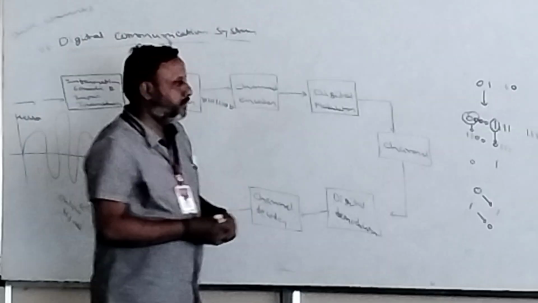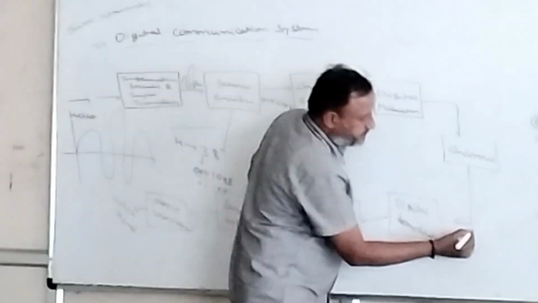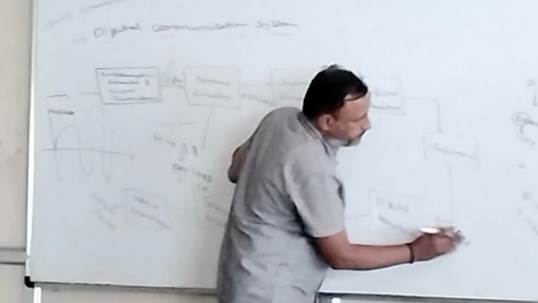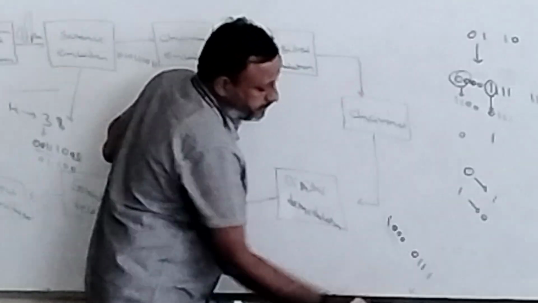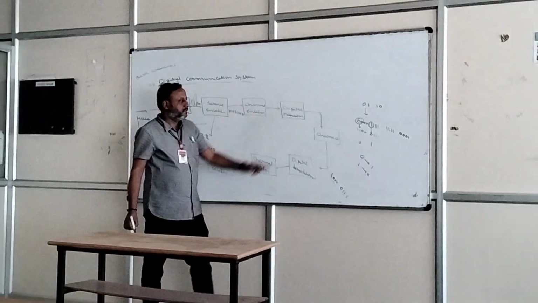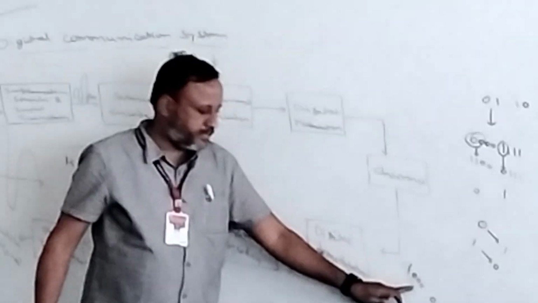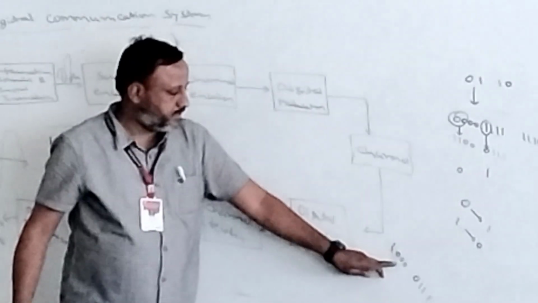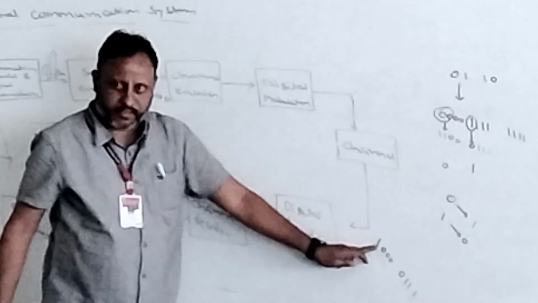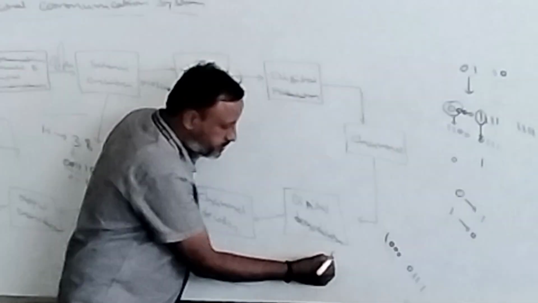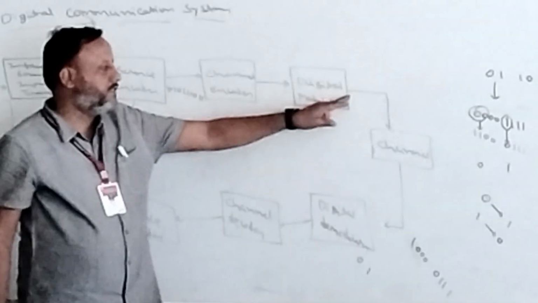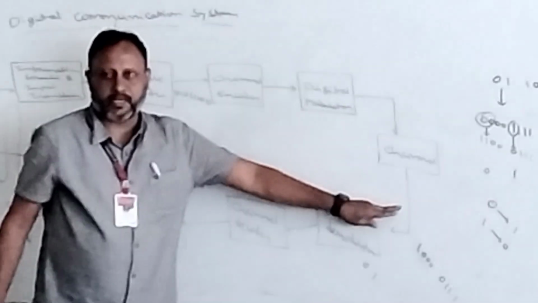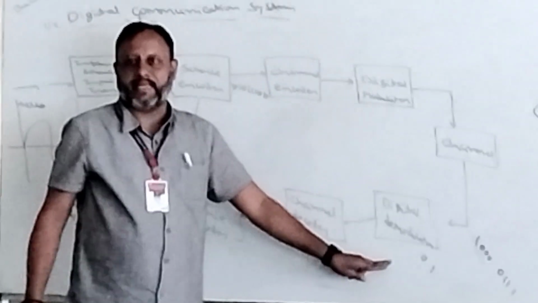Now at the receiver we will get these bits, 0 0 0 unaffected, then 1 0 0 0 and 1 1 1 1. Since there are three zeros and only one 1, it will be treated as 0, and for this it is treated as 1. Because of this channel encoder, it is possible to get the exact value.